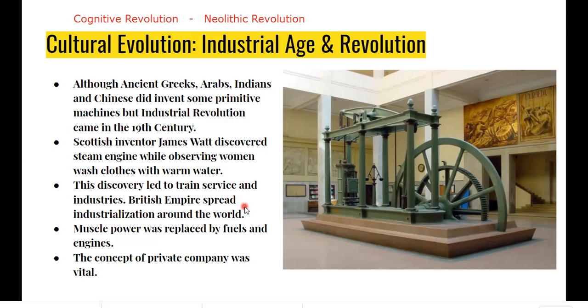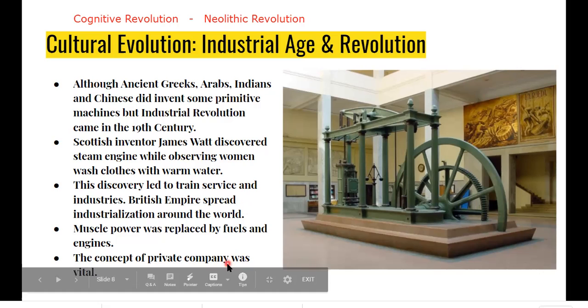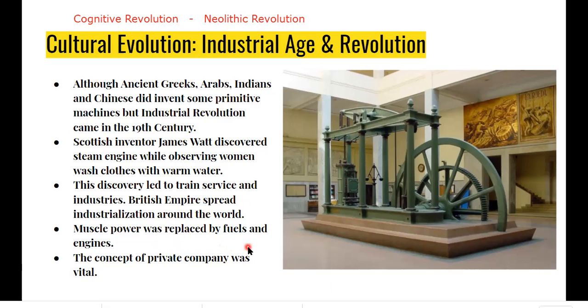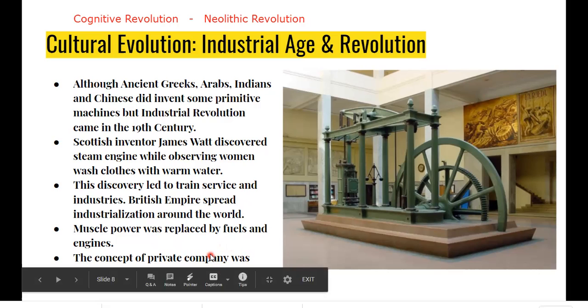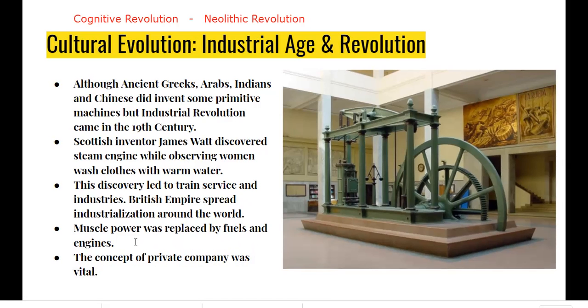And as you know, in the British Empire the sun never set, from the Far East to Canada, and France and other European powers just spread industrialization and capitalism. Muscle power was replaced by fuels and engines, and planes, tanks, fighter pilots, and the concept of companies like the East India Company and the Dutch East India Company.